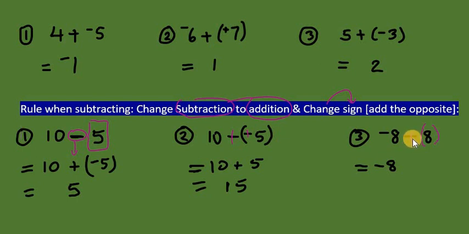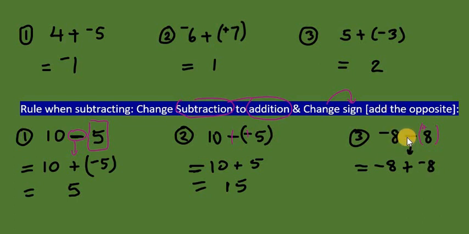And what are we adding? Let's go back to the original expression and see what we are subtracting. We are subtracting 8, which is positive 8, but we don't need to put a positive sign. We change the subtraction to addition, and the opposite of positive 8 is negative 8.